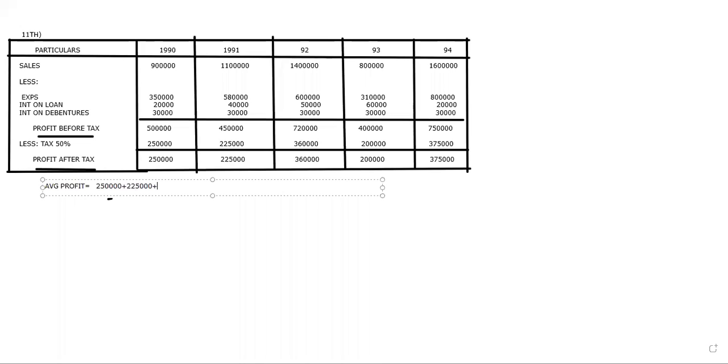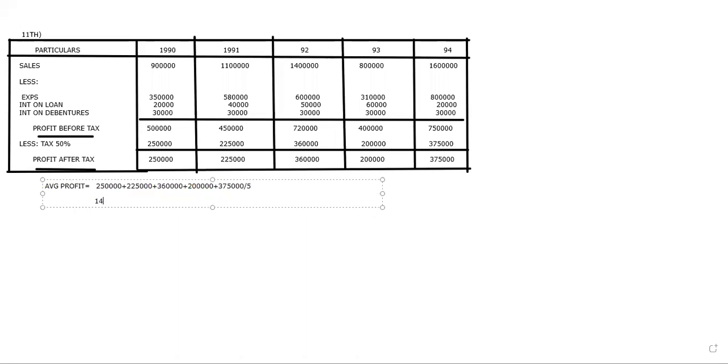2,25,000 plus 3,60,000 plus 2 lakhs plus 3,75,000 divided by 5 years. Tell me the total first, then the average. 2,25,000 and 3,75,000 makes 6 lakhs. 6 lakhs, 8 lakhs, 10 lakhs 50, 13 lakhs 50, 14 lakhs 10.